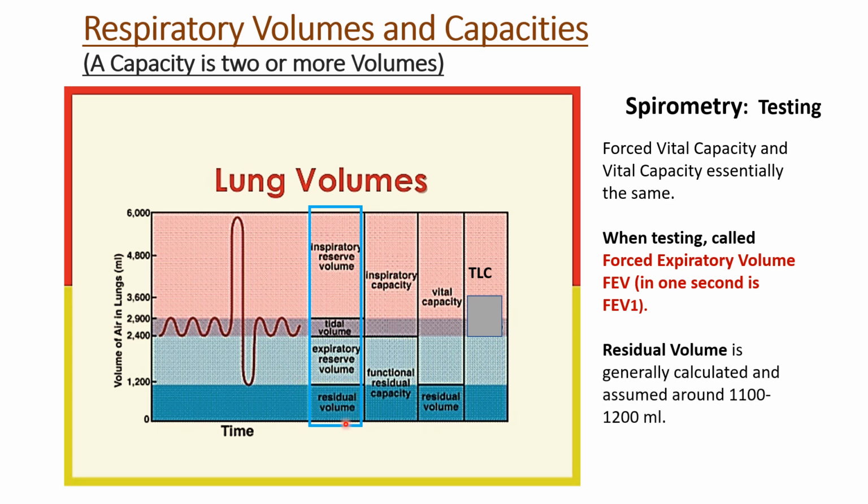What's left over is the volume occupied by tissues, fluids, and so forth, dead air. That's known as residual volume. And that's the main thing. When we add two or more volumes together, we call them capacities. All right. But the primary ones you're going to want to know are here in this boxed area.